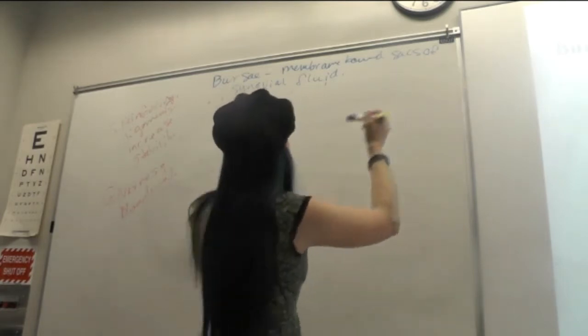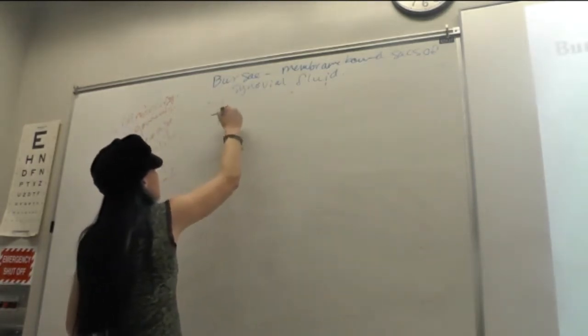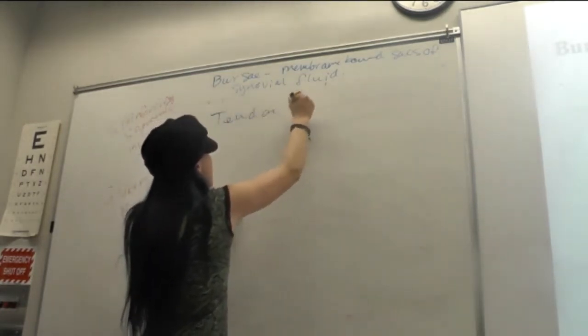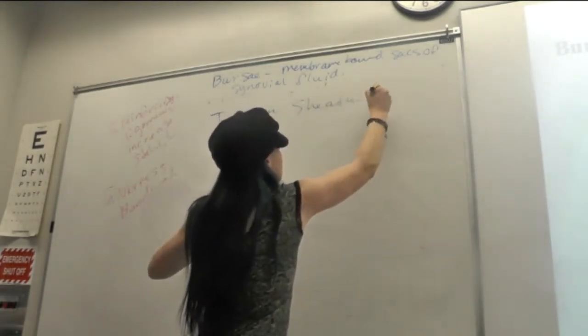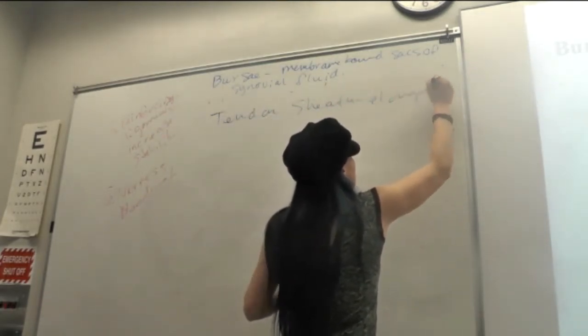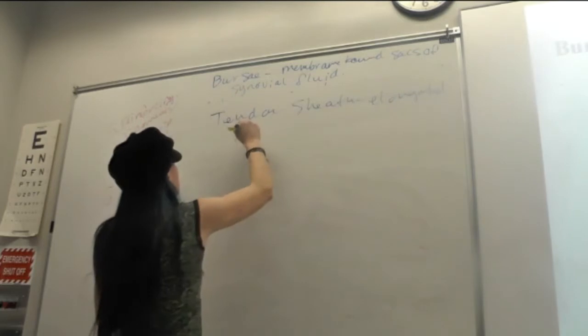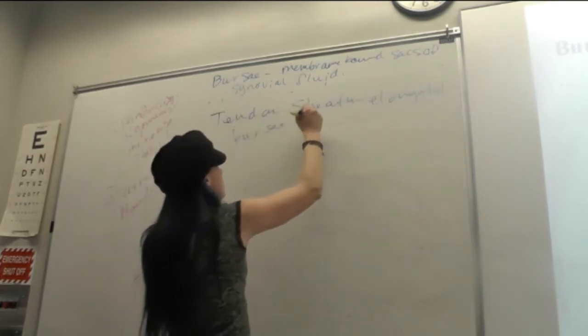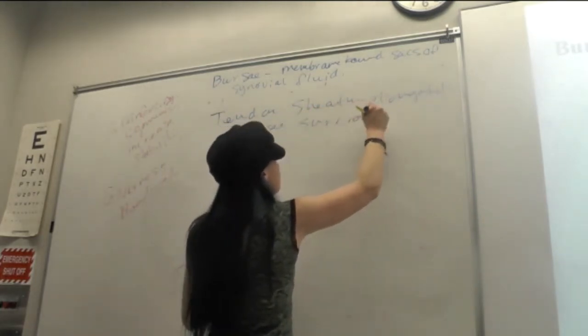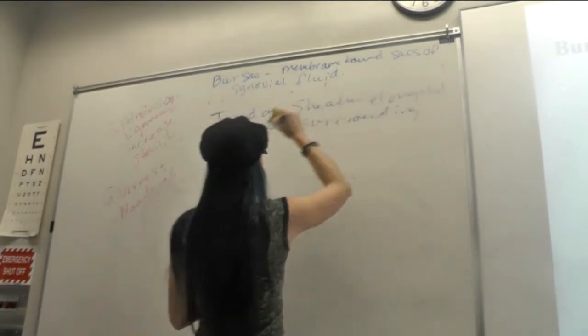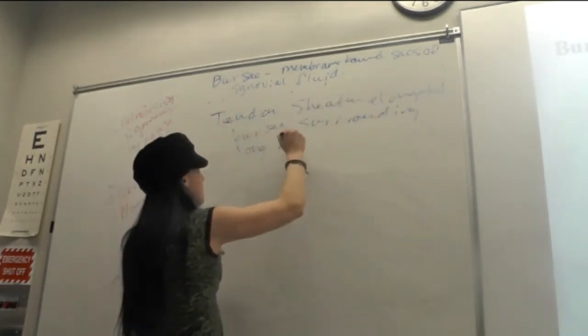So that's what a tendon sheath is. A tendon sheath is just like a long bursa. We could just say it's an elongated bursa surrounding long tendons.